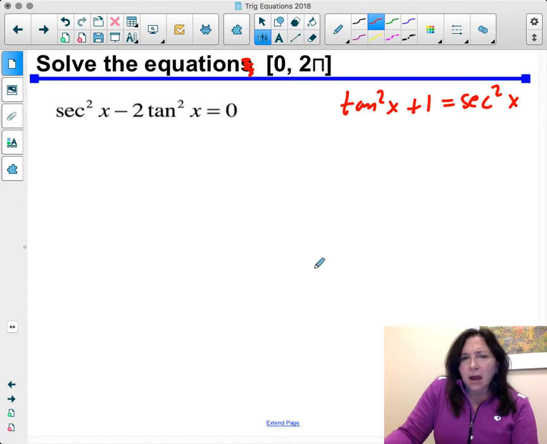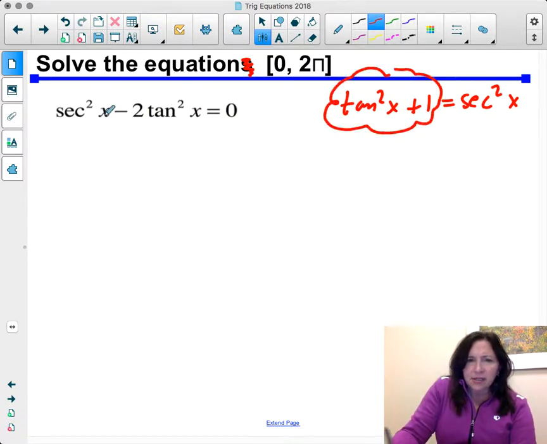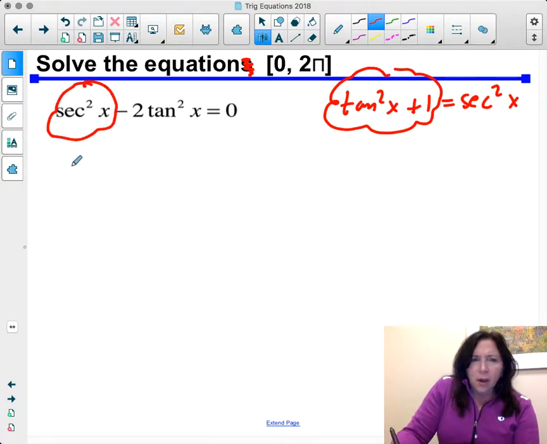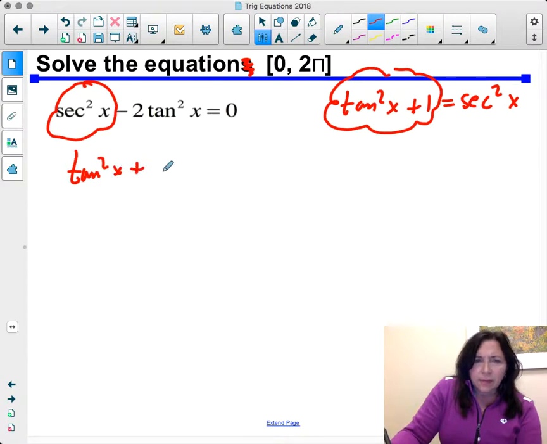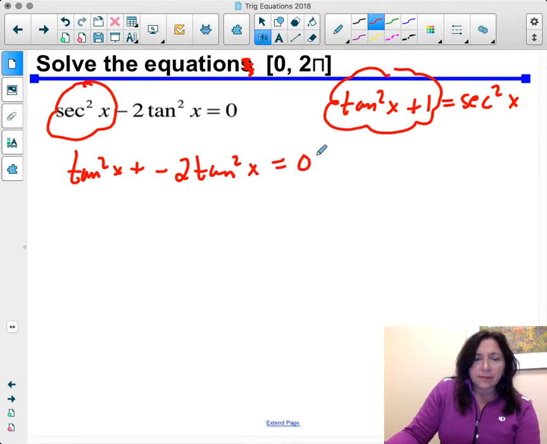I'm going to do that because I can replace this with this. And so I'm going to get tangent squared of x plus 1 minus 2 tangent squared of x is equal to 0.